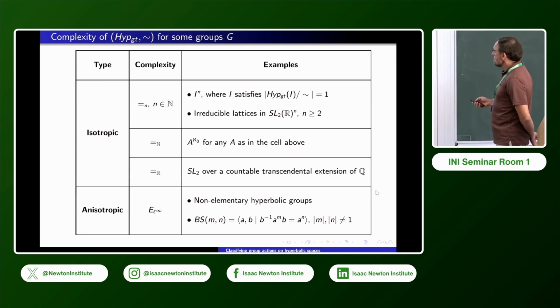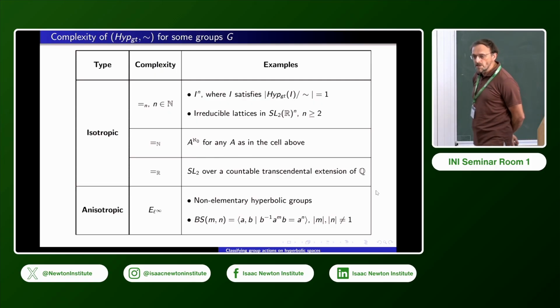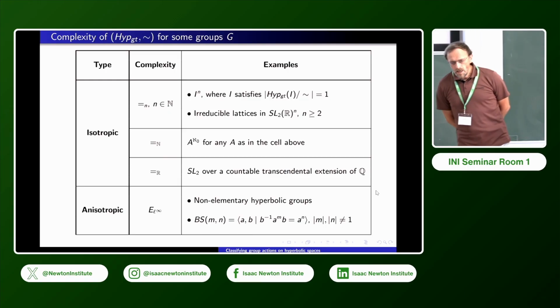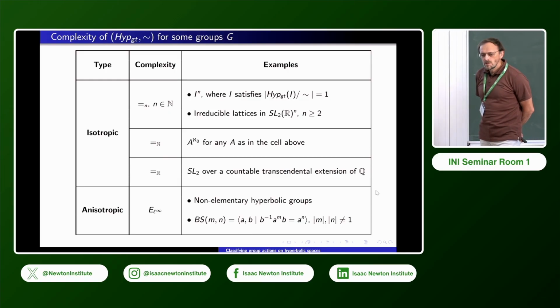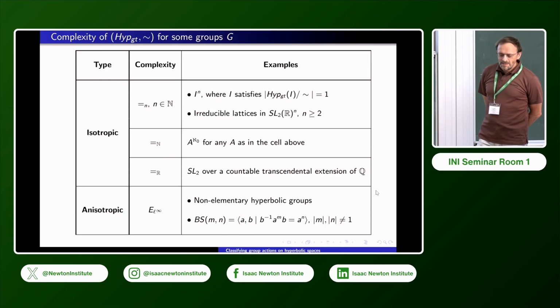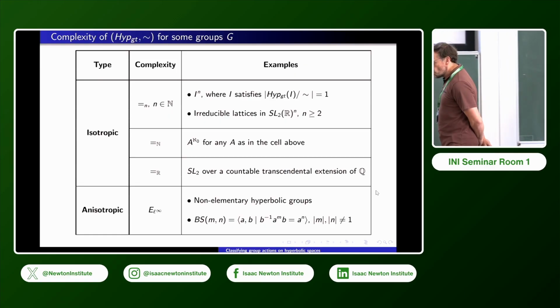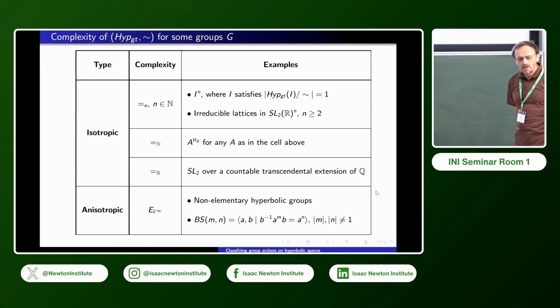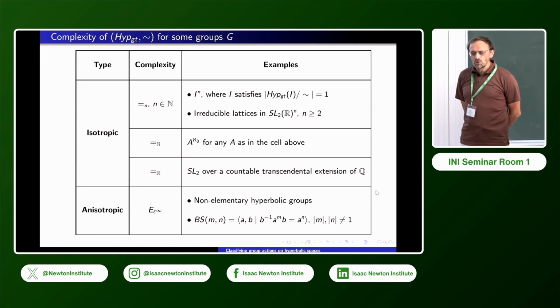Okay. Now, for anisotropic examples which realize EL infinity complexity, you can take any non-elementary hyperbolic group, or more generally, any acylindrically hyperbolic group, or even more generally, any group which is not virtually abelian and contains a WWPD element.